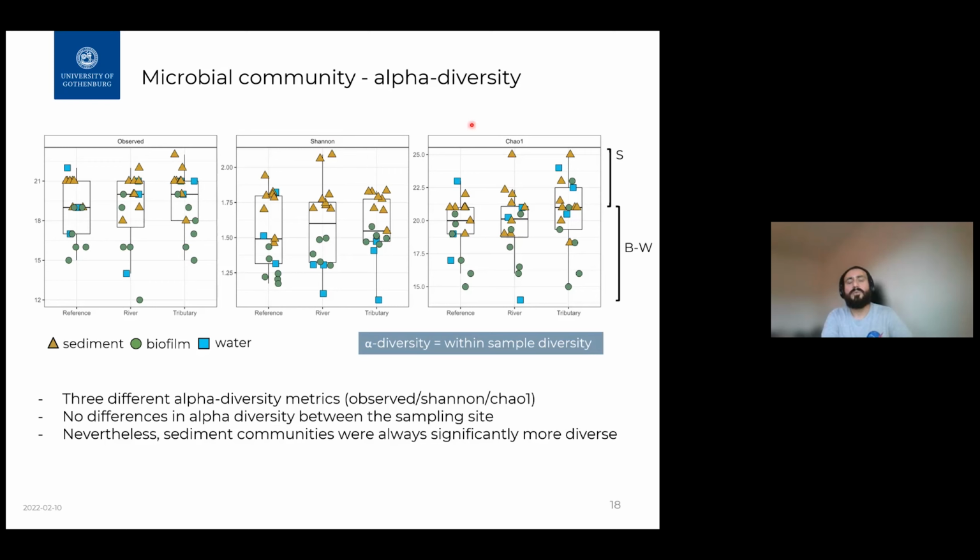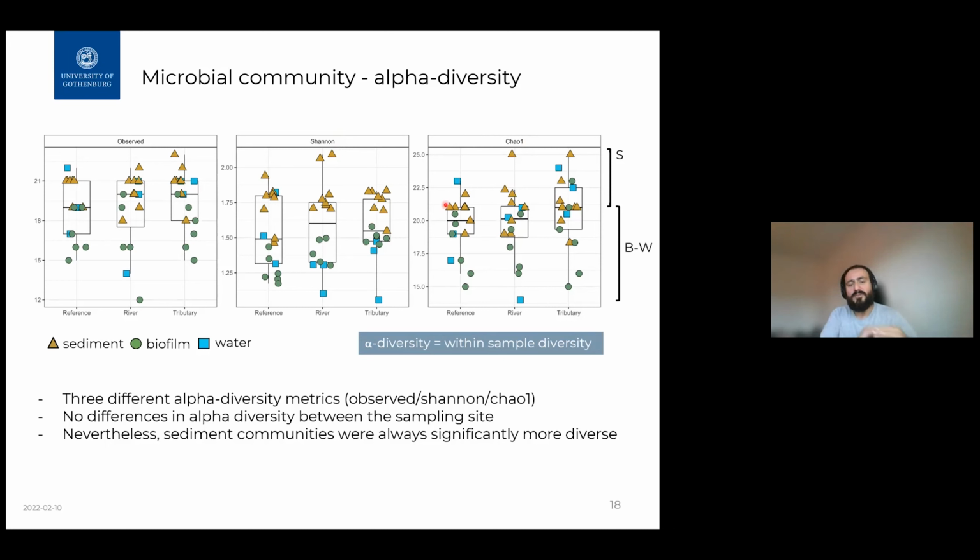And we also applied the Chao1 index, which considers species richness as a function of sample size. So literally, we have 3 different metrics. There are more metrics available, but we wanted to test 3 different ones following different criteria in order to assess the alpha diversity in our samples.